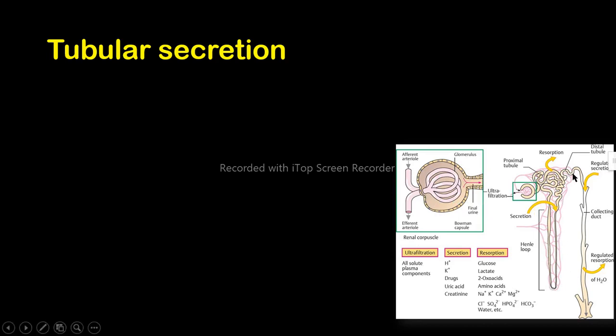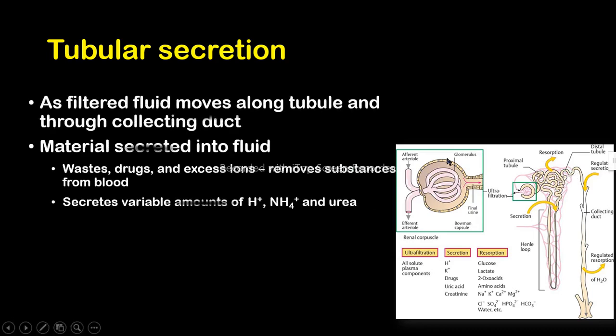And you have seen that as the filtrate is moving through the nephron, we shall have materials that will be selectively reabsorbed back. But in the process, as you are absorbing back these materials, other materials will be secreted into the renal filtrate.